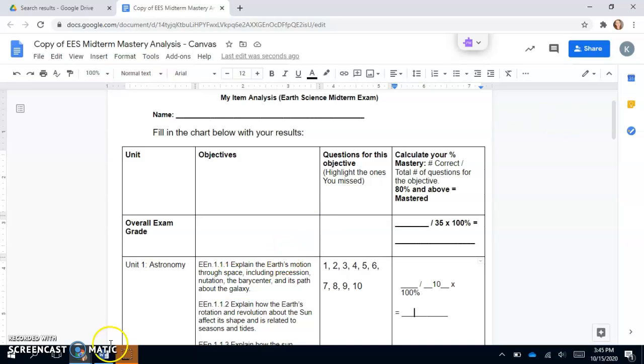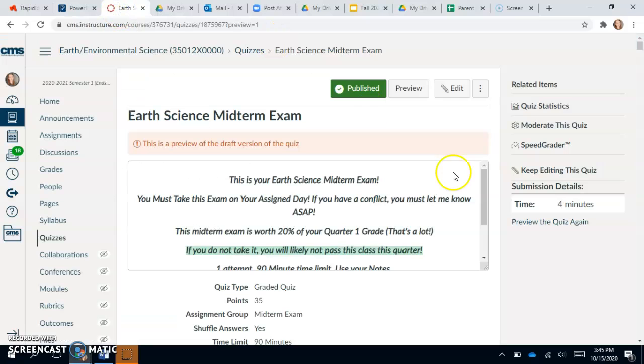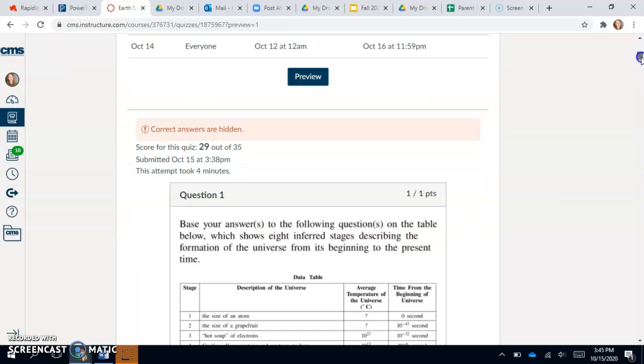I have this one in a different window, so I'm going to pull this up. Here is my practice midterm, my attempt that I did. When you scroll down, it shows you everything that you have missed on your test, and it gives you your score, and as you scroll down, it will also show you the questions that you missed.